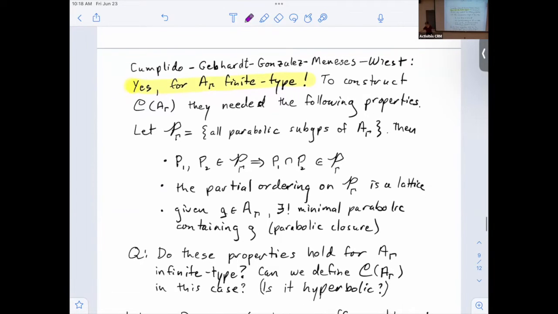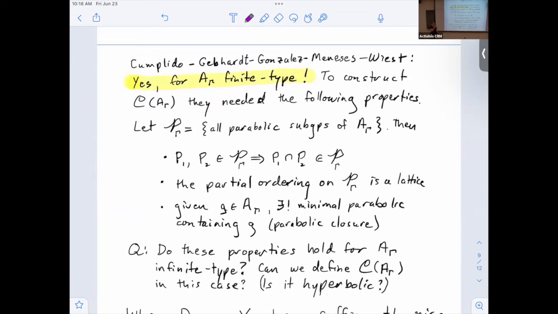So here are three things that they proved and needed for their construction. All right. The first is that the intersection of two parabolic subgroups is again a parabolic subgroup. Seems right, but it turned out to be difficult to prove that.